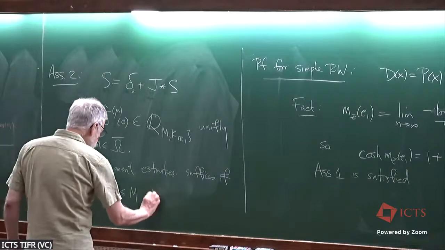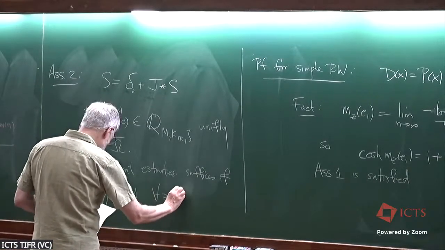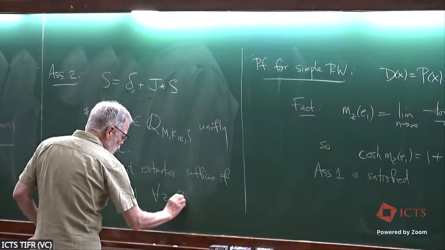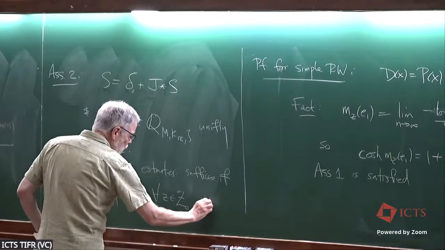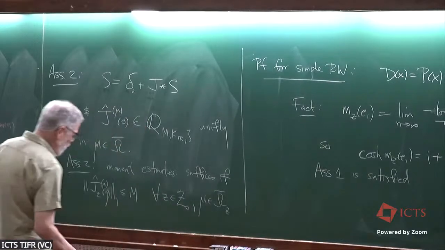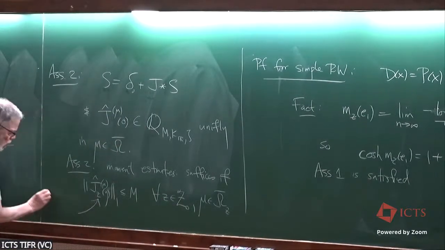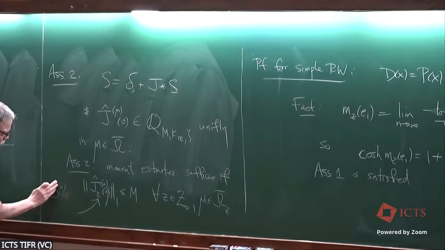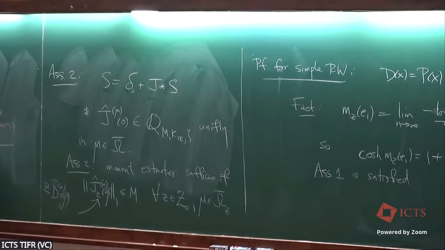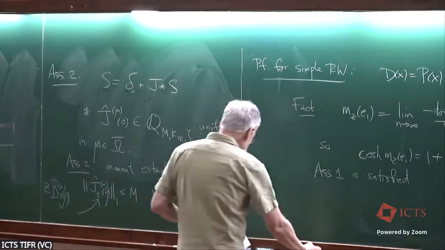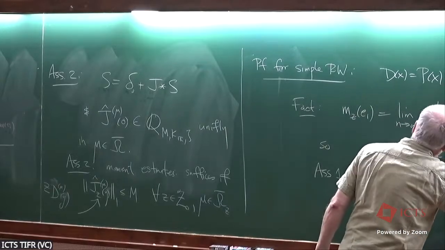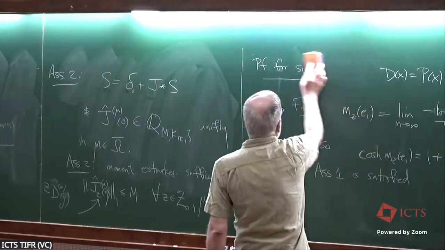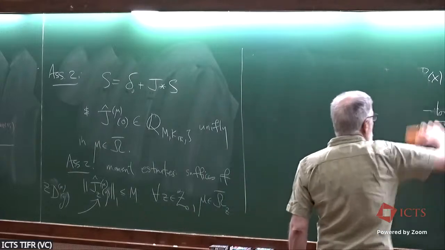So it suffices if this holds for all z in the range and for mu in omega-bar. And this quantity here is just z D tilted by mu. So that's a pretty explicit function whose norm we want to take.